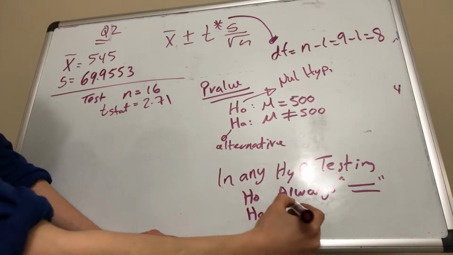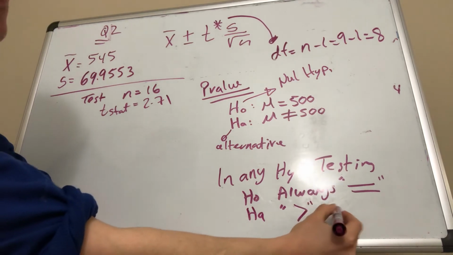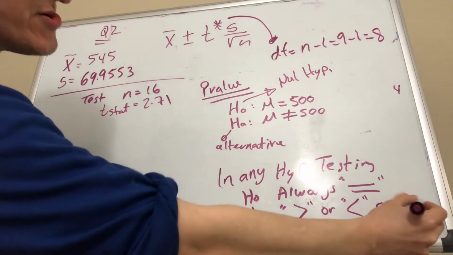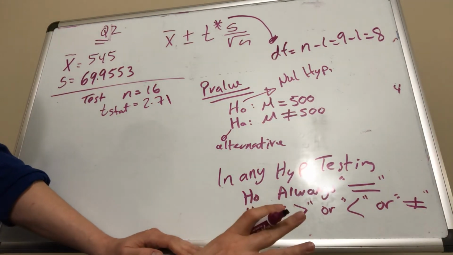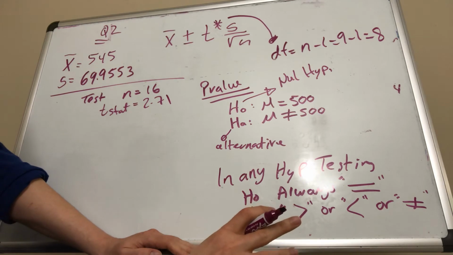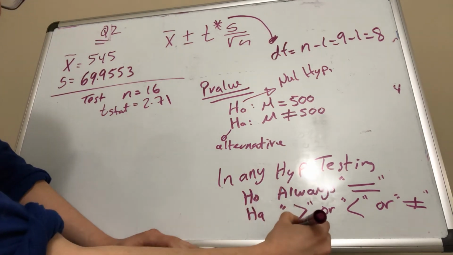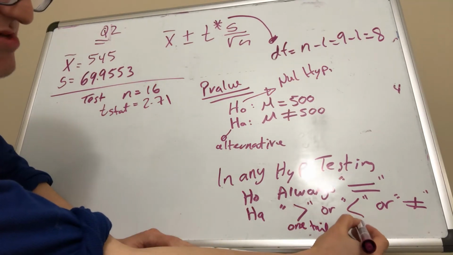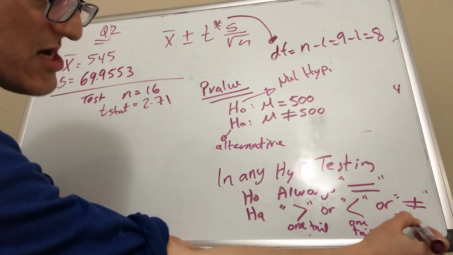HA, you're either going to prove that you're more than something, you're less than something, or you're not equal. So HA is always one of the three options. You could be proving that you're more or less or not equal. If you're more, it would be one tail. If you're less, it would be one tail. If you're not equal, that's the only time it's two tails.